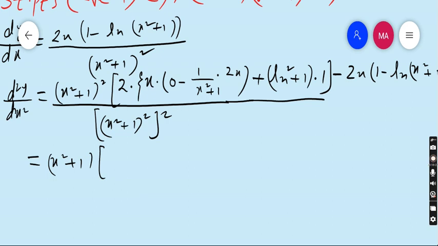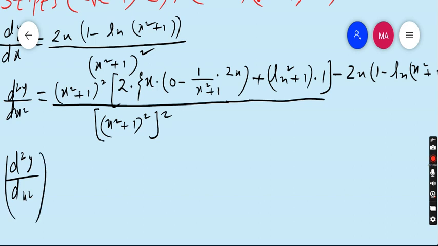Okay, I am not satisfied. I am not simplifying, I am just directly putting all values of x in the given answer of the second derivative.